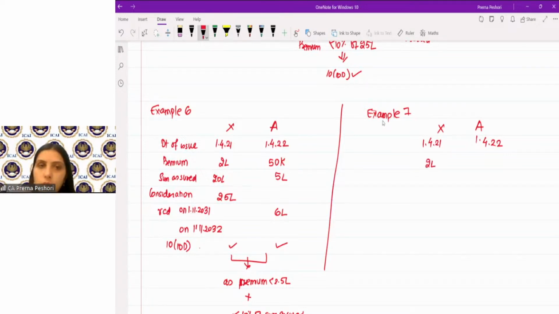Premium is 2 lakh and 1 lakh. Sum assured is 20 lakhs and 10 lakhs. Consideration received is 25 lakhs and 12 lakhs. Now, whether the exemption will be available.